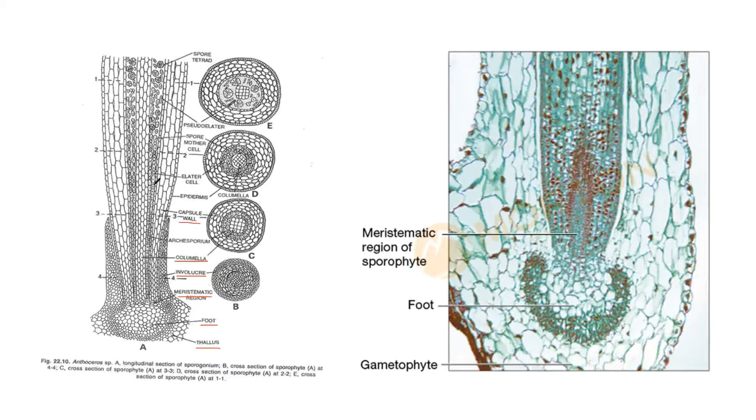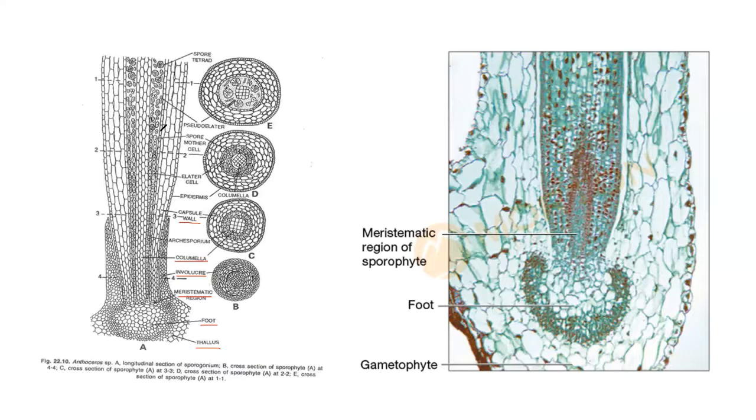And now you can see there is a zone which is sandwiched in between the capsule wall and columella, and it is lined with a number of cells right from the base to the top. You can see different stages of spore formation. I'm sure you are aware that spore formation is usually taking place by meiosis.